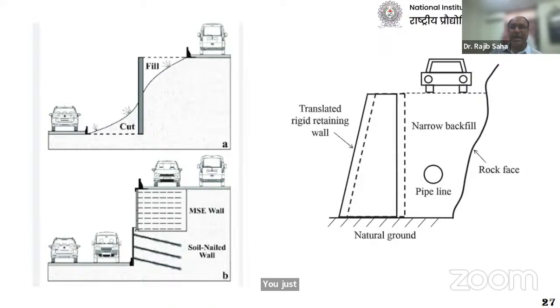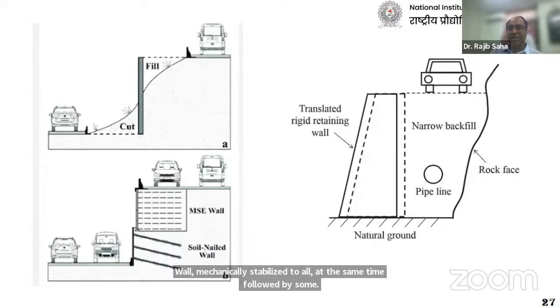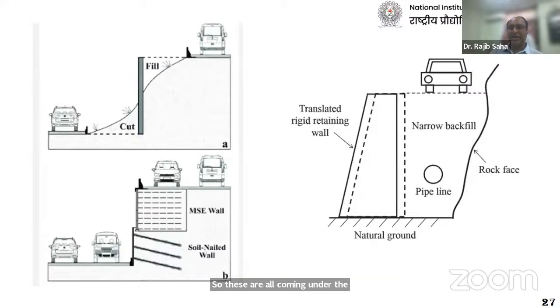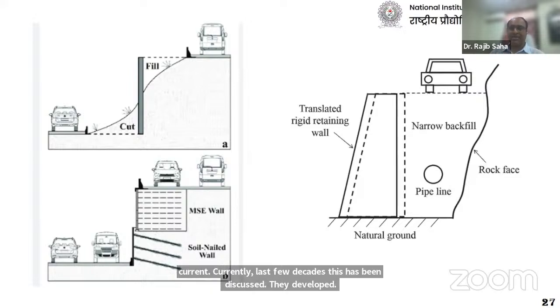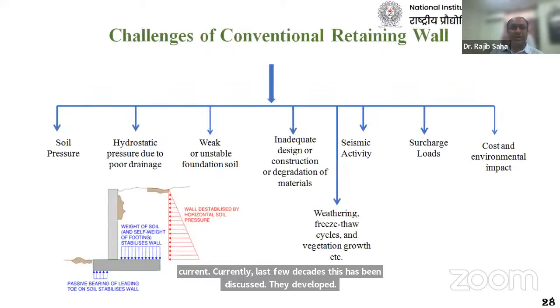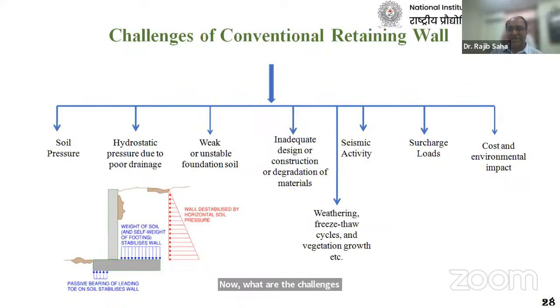Obviously, you can see here MSE wall, mechanically stabilized earth wall, followed by some nailed walls. So these are all coming under the flexible retaining walls, which in the last few decades have been developed based on the current challenges. Now, what are the challenges for the conventional walls? Soil pressure is obviously a challenge.